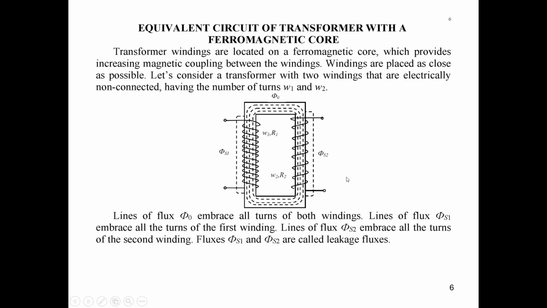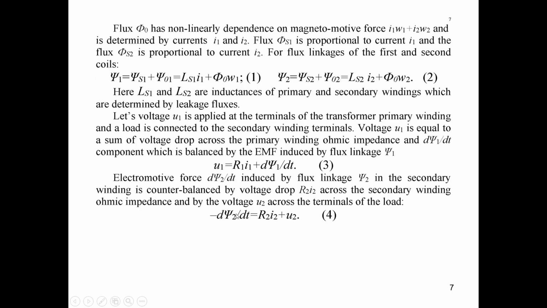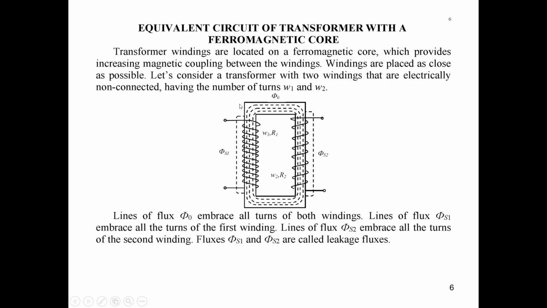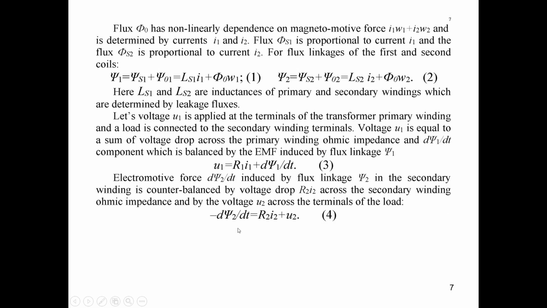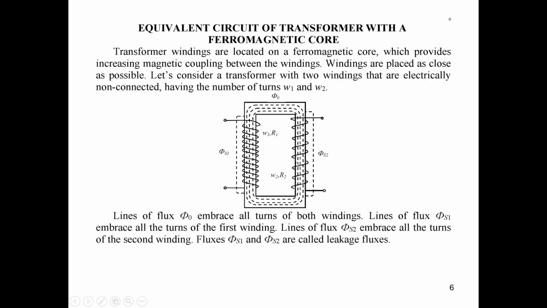We may consider that this EMF, which is generated due to the magnetic flux through this magnetic core, minus dψ2 by dt, is the source of current which will flow across this secondary winding if it is closed, if some load is connected between these terminals.